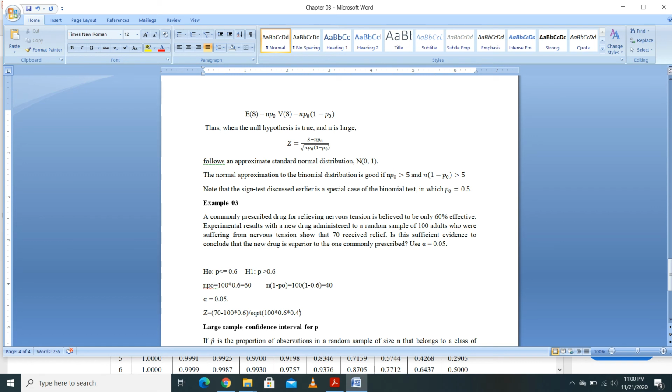If you substitute all these values, you get the test statistic value, which in this case is 2.012.